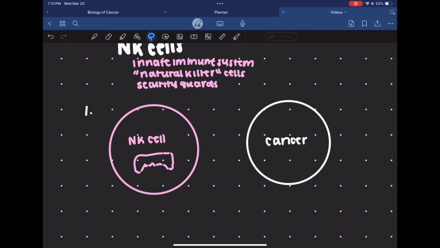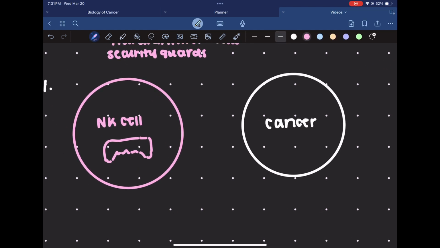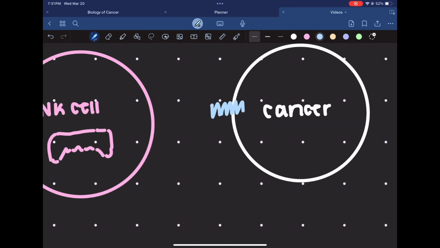Okay, so in this first scenario, we have an NK cell that approaches a cancer cell. And on the surface of this cancer cell, we have something called an MHC1 molecule. You can picture the MHC1 kind of like an ID card that the cell wears.